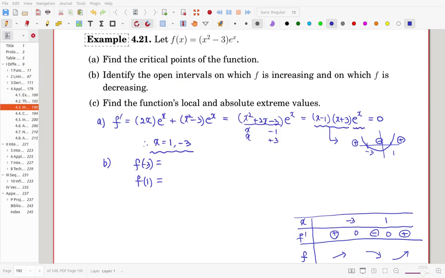Okay, so here, f of minus 3 is about 0.3, and now f at 1 is about minus 5.4. Okay, we found that.